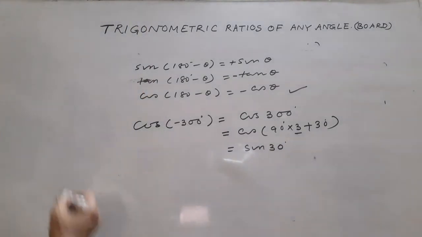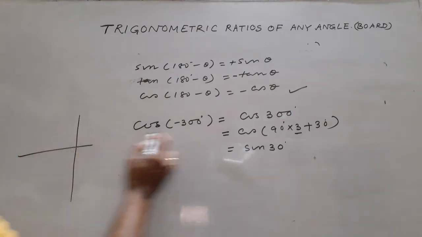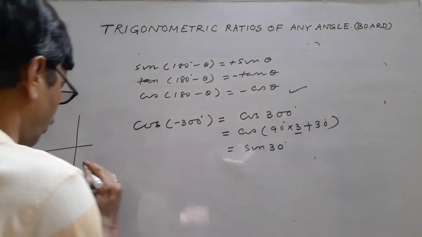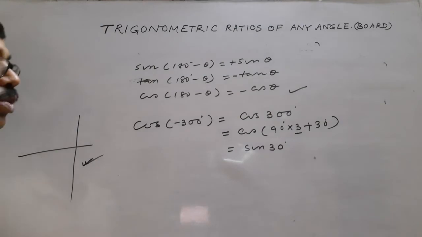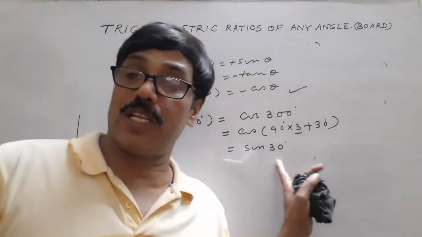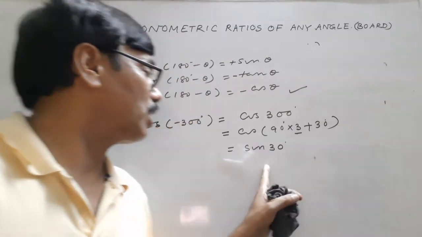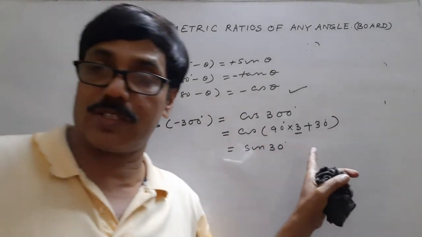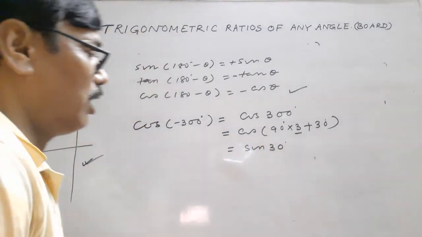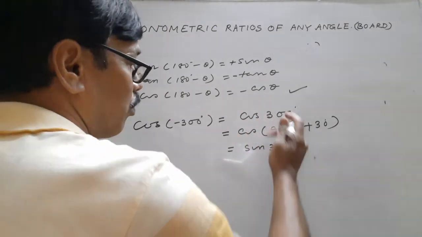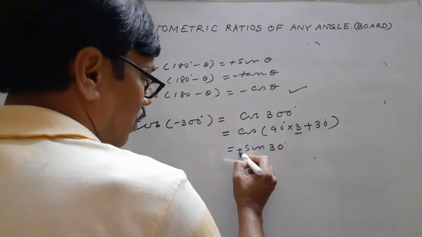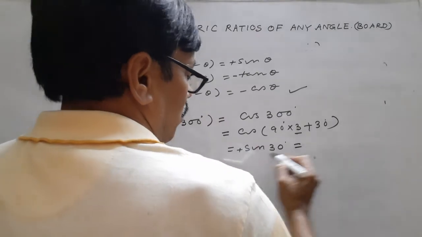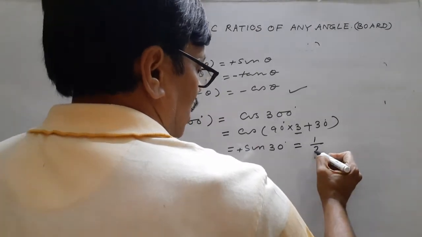Now in which quadrant is it? 90 into 3 plus, so it is in the fourth quadrant. In the fourth quadrant, do not look at sin; we look at the original trigonometric ratio. This is cos, not the transformed one. In the fourth quadrant, cos is positive. That is why this is plus. So this is half.